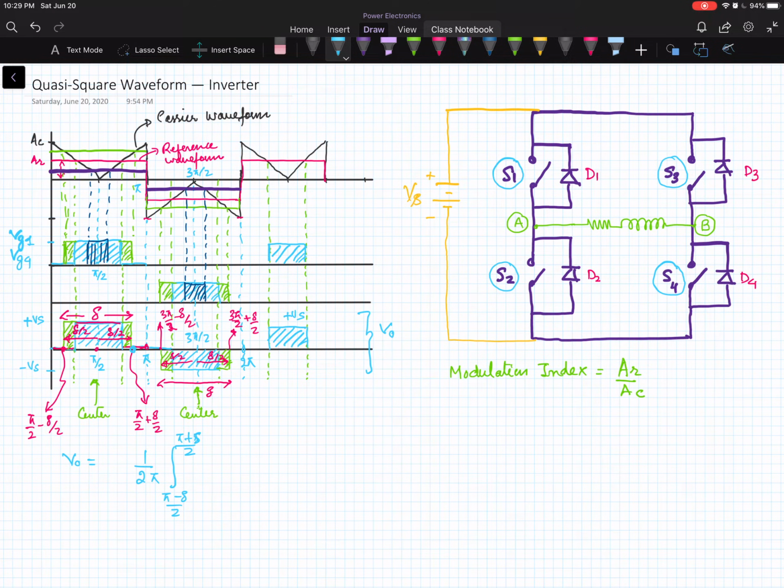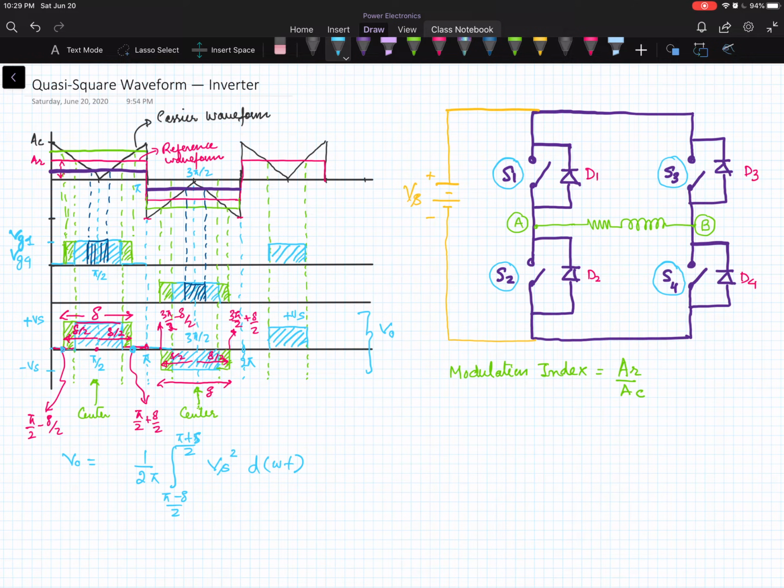The starting edge is pi minus del by 2, and this is pi plus del by 2. And during this interval, the magnitude of the output is Vs, so the square of that, because we are calculating the RMS value, and the integration with respect to d omega t, because we have considered the limits in terms of angle. So this covers the positive part.